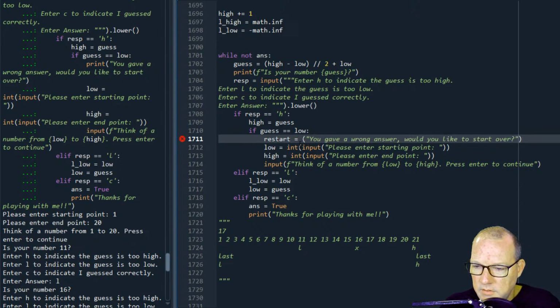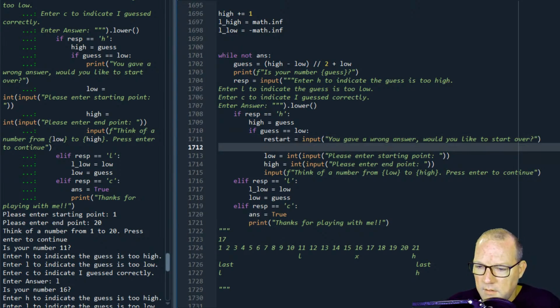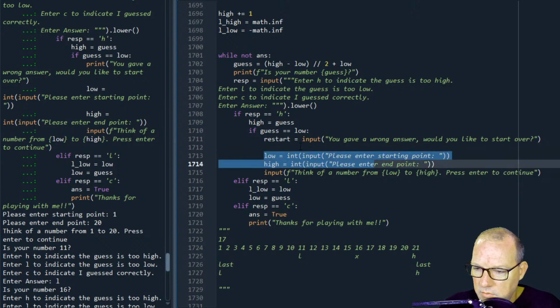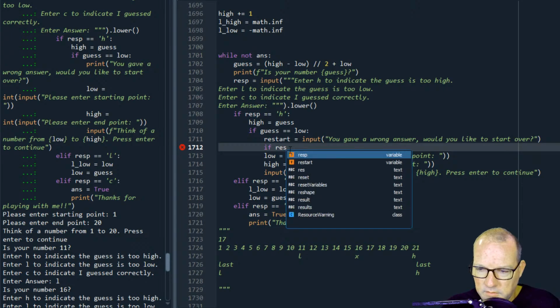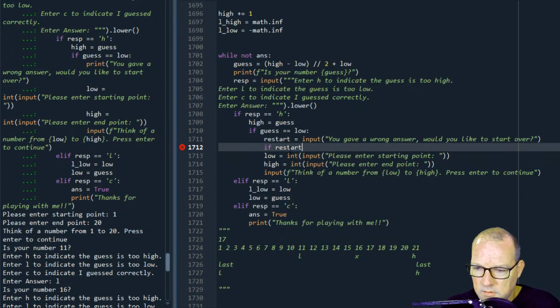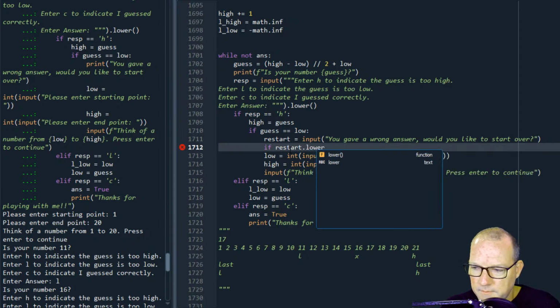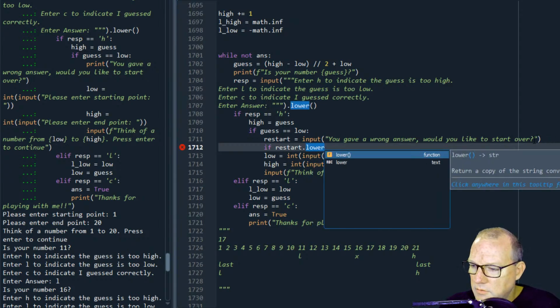Restart equals input. Would you like to start over? And then all of this needs to be moved. And then if restart lower, would you like to start over?